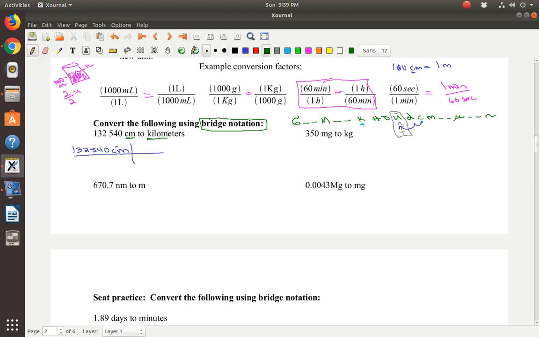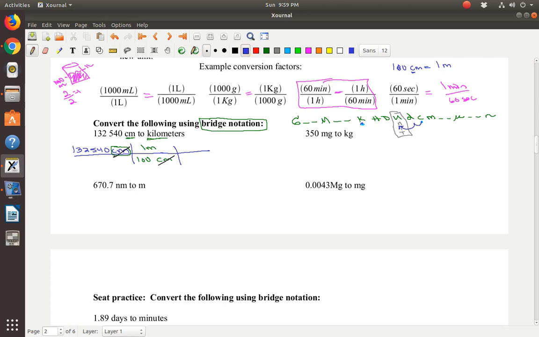All right, now the centimeters is on the top, and it's the unit that I want to cancel out. So I put 100 centimeters on the bottom and 1 meter on the top. And now let's cancel them, centimeter to centimeter. So now I have meters, but the answer is not supposed to be in meters. I'm trying to get to kilometers. So now I've got a meter. I went to here.